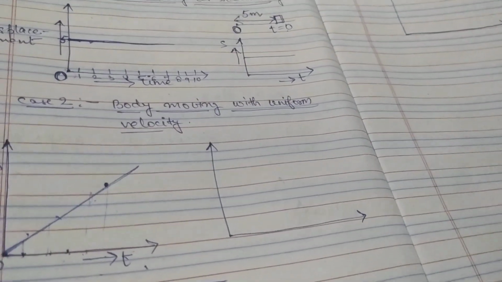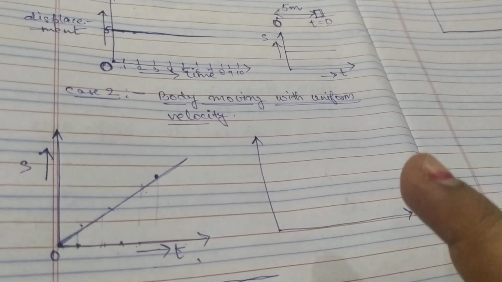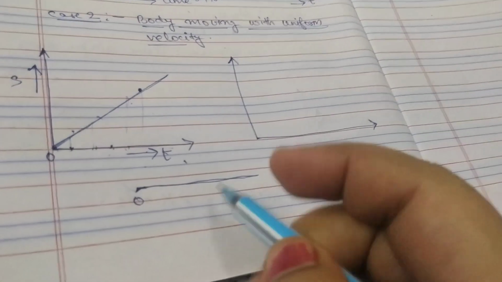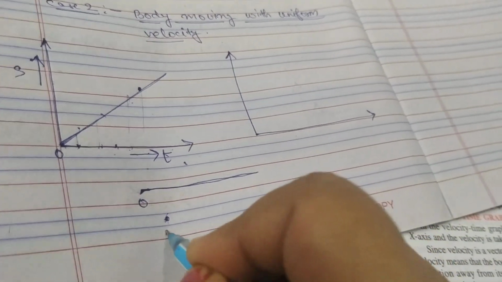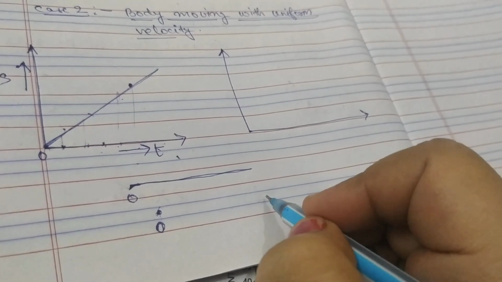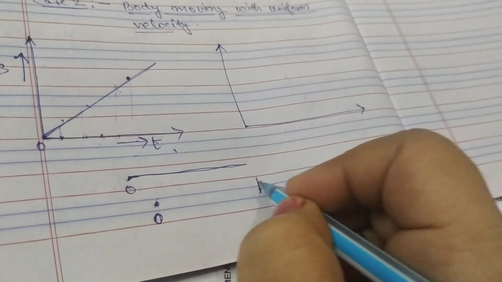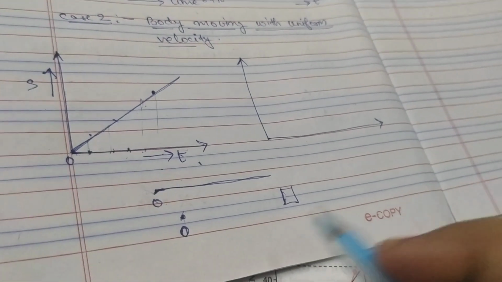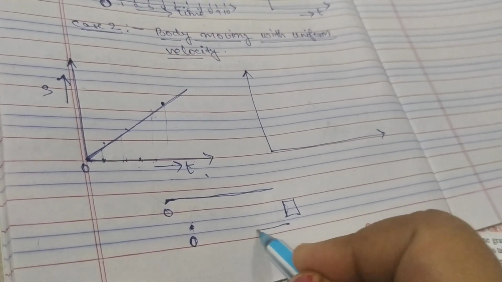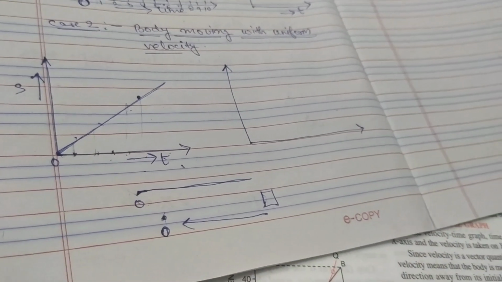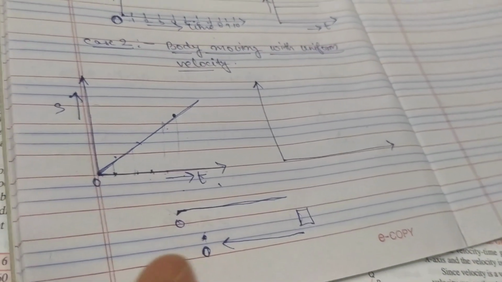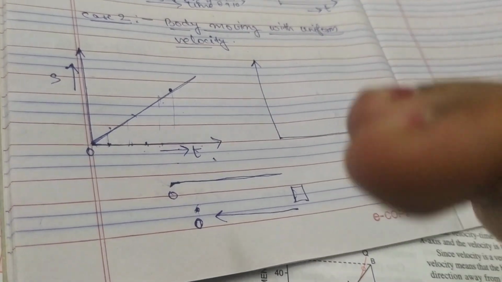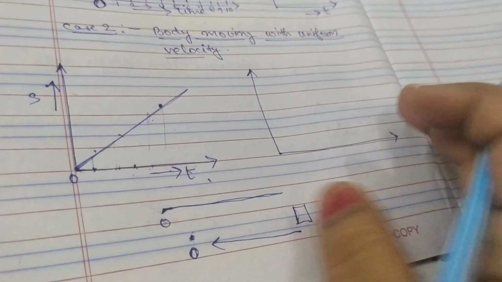Okay, now this case has two possibilities. First we discussed, and the second can be, this is the origin and the body was already here. Suppose the body was already here. Origin means a reference point, right? Now the body is returning back to this point. If the body is returning back to this point, what is happening? The displacement is decreasing, isn't it?